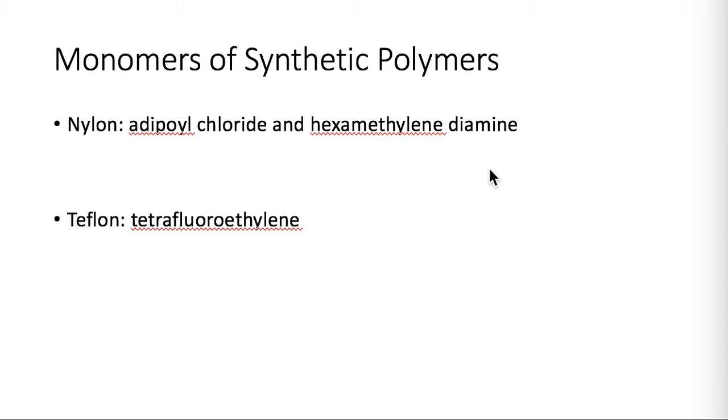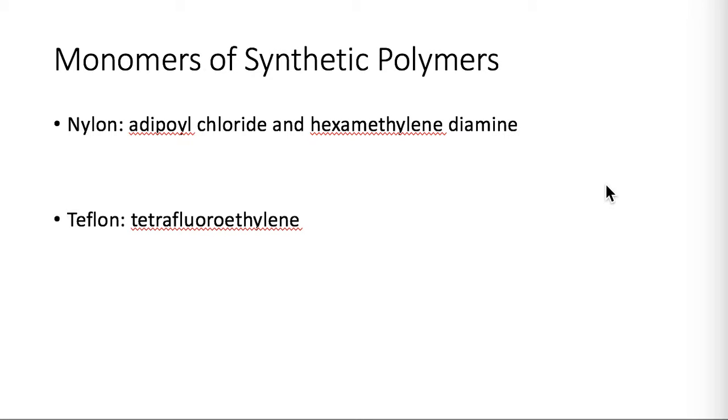Then you're going to describe to me in your third column what monomers make that polymer. Obviously you have DNA, proteins, and cellulose, which will be our natural polymers. And by now you should already know what the monomer is for each one of those natural polymers.